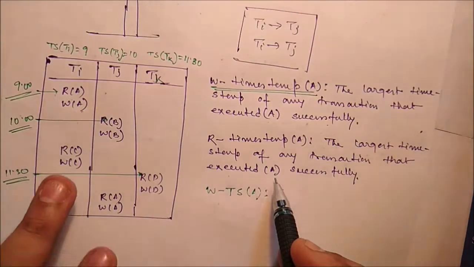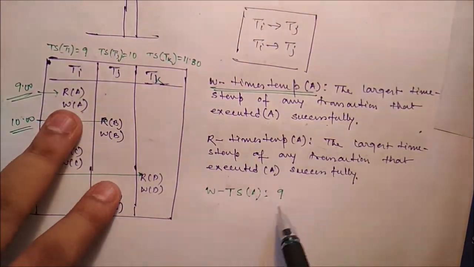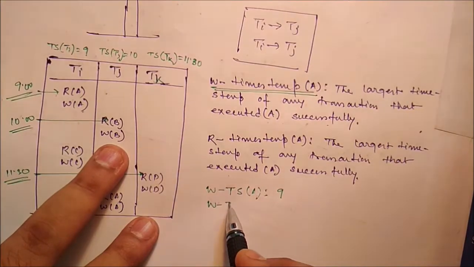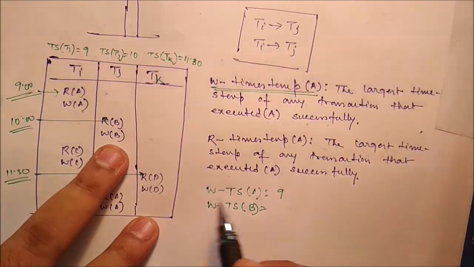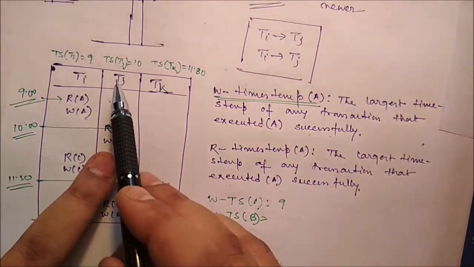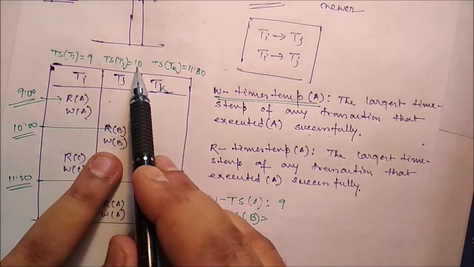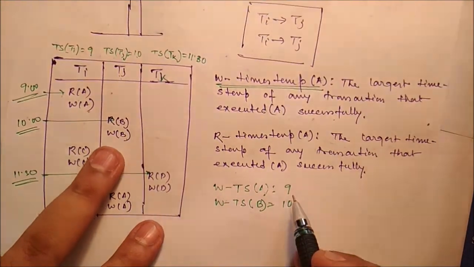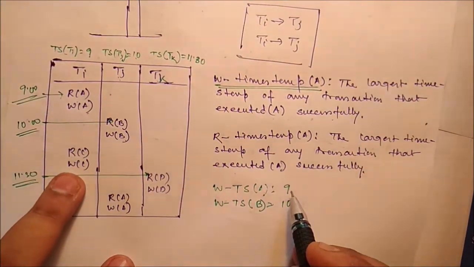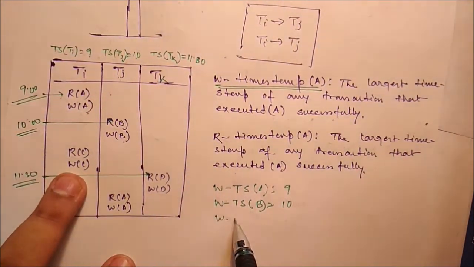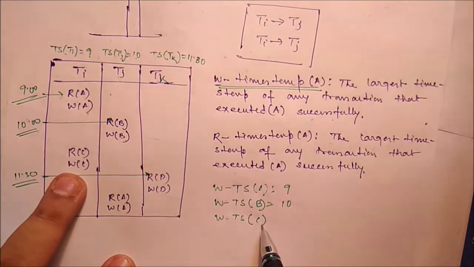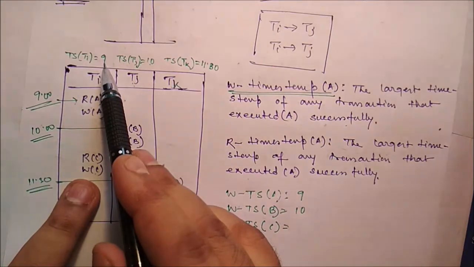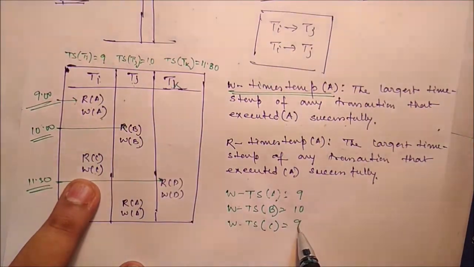Now similarly, what about the next? We can see the write operation for B, successfully done by Tj, and TS(Tj) is 10, so it should be 10 here. The next is W-timestamp for the C variable. It is successfully done by Ti, and its timestamp is 9, so it should be 9.